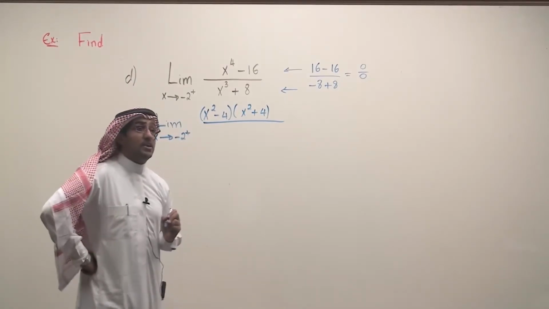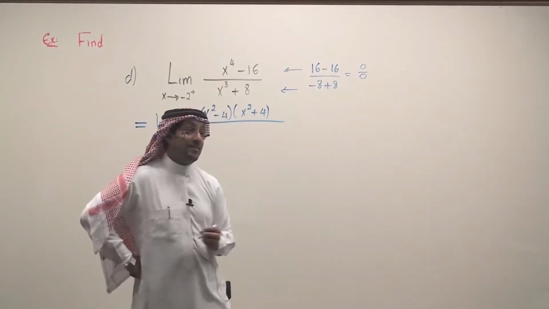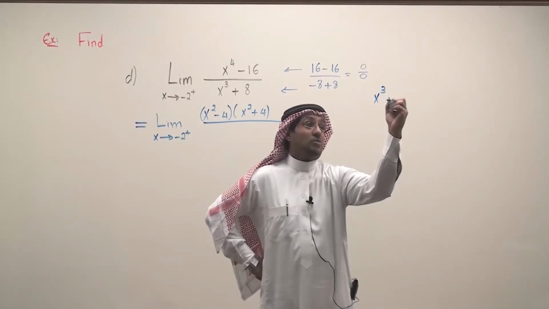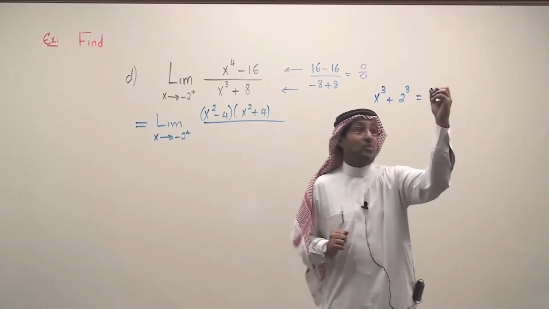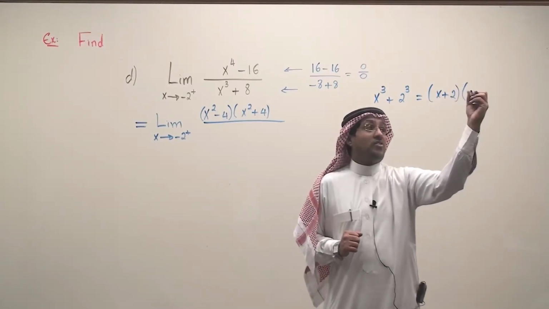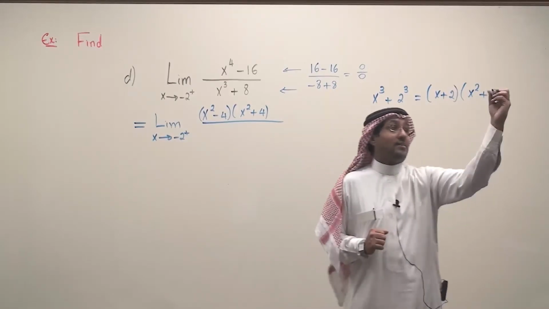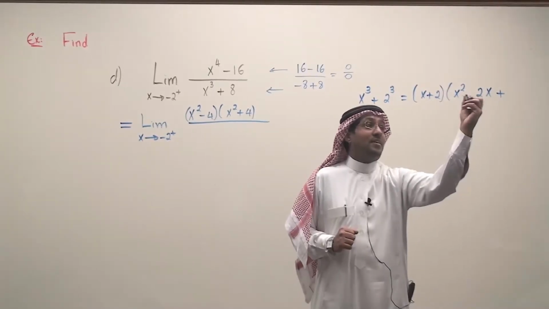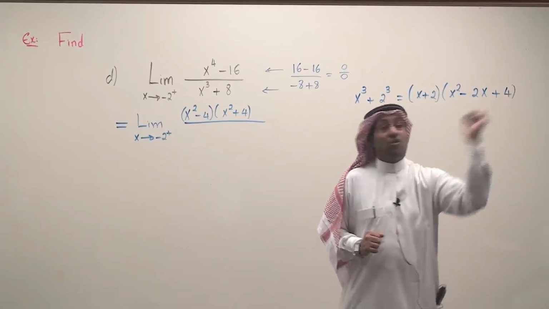Very good. And x cubed plus 8, this is, in fact, the sum of two cubes. See, this is x cubed plus 8, and 8 is 2 to the power 3, so this one is going to be x plus 2 times x squared minus 2x plus 4, since there's a negative sign here and this one squared is 4.